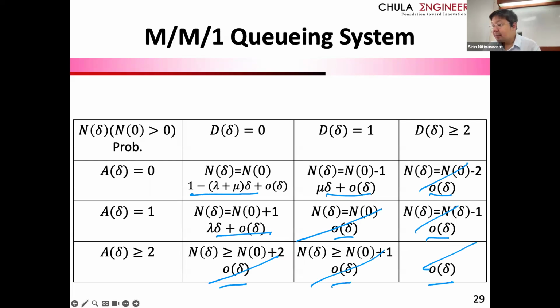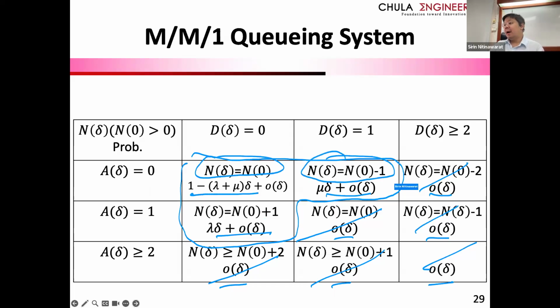So if you consider them jointly, the possibilities with dominant probabilities are these three events. What are they? Either the system stays the same, or decreased by one, or incremented by one.